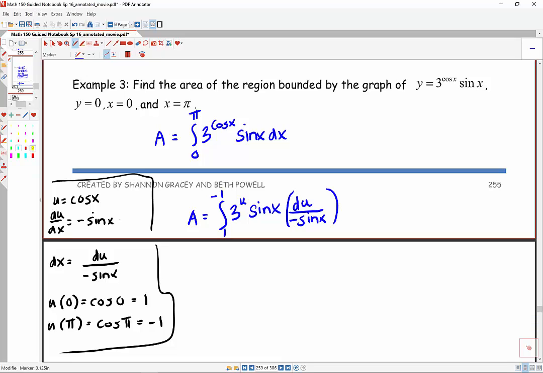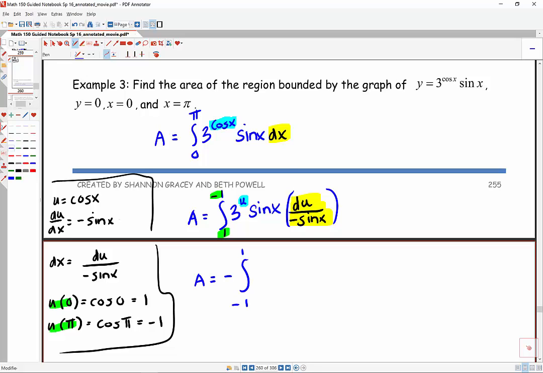So dx is this stuff here, and then our u was cosine of x, and we got these limits of integration. Our bottom one was that positive one from over here, and then the top limit was -1. So remember that little trick so we don't end up with a bunch of weird negatives? You can write this as negative the integral, and then switch the limits from -1 to 1.